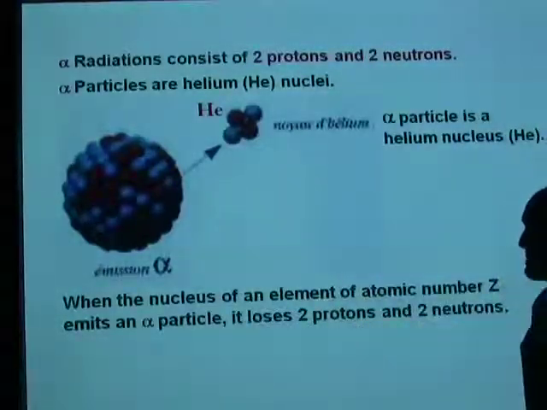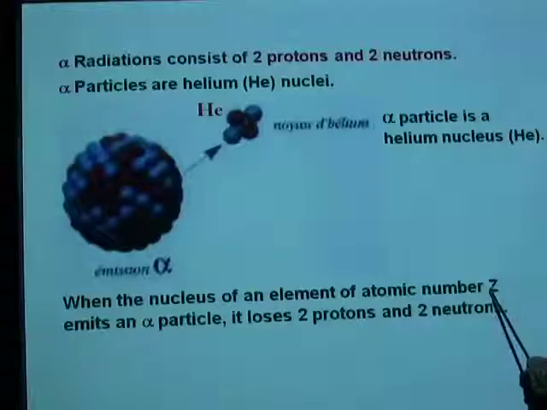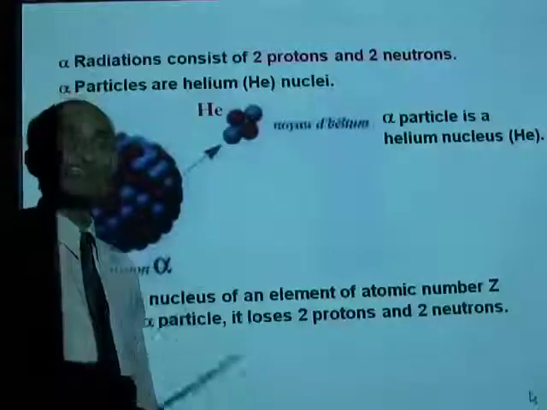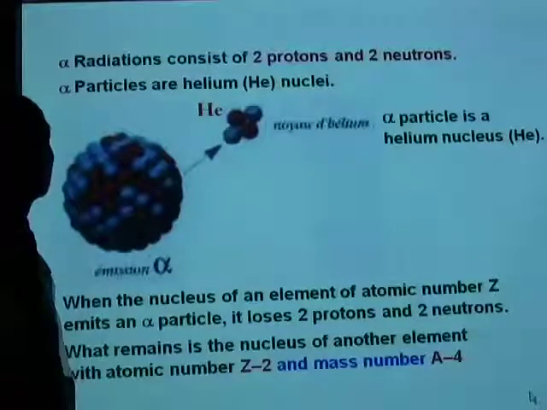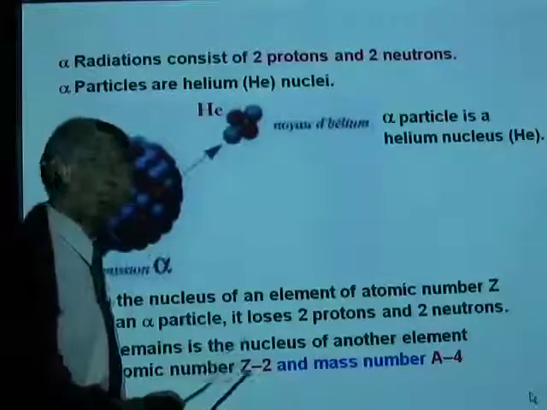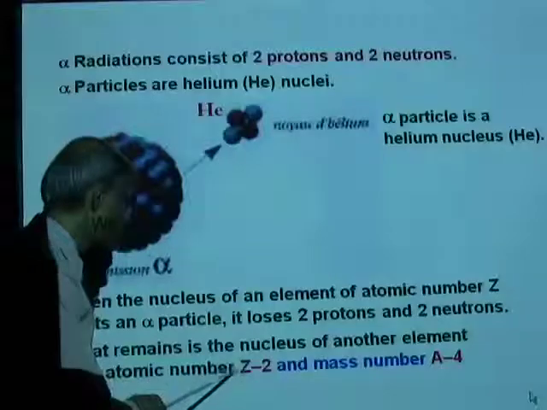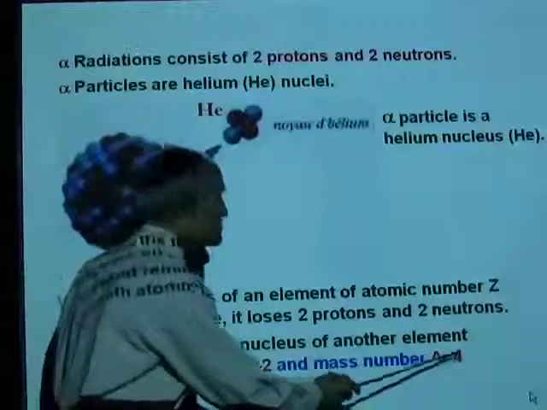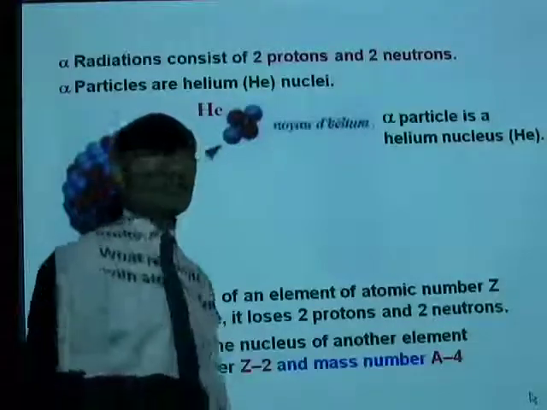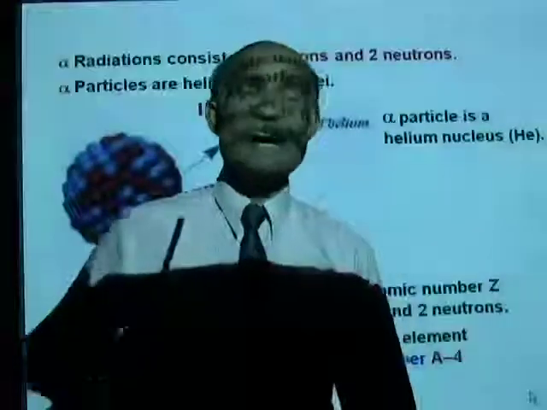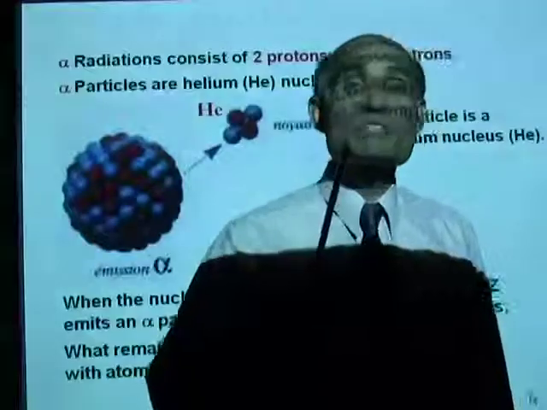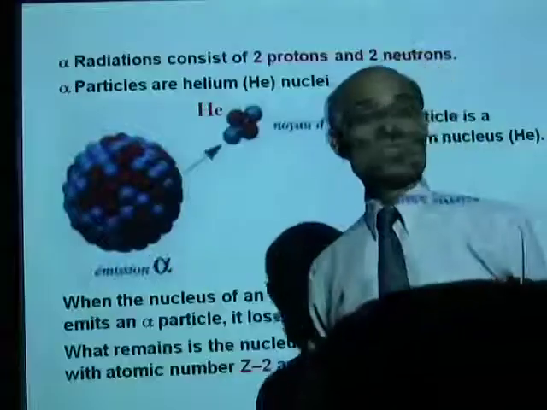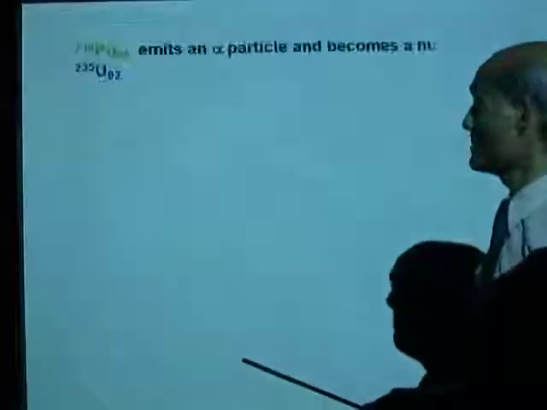So when the nucleus of an element of atomic number Z emits an alpha particle, it loses 2 protons and 2 neutrons, with the result that the remaining nucleus will have an atomic number Z-2 and a mass number A-4. Very important to know that a radioactive element transforms into another element as a result of an alpha emission.